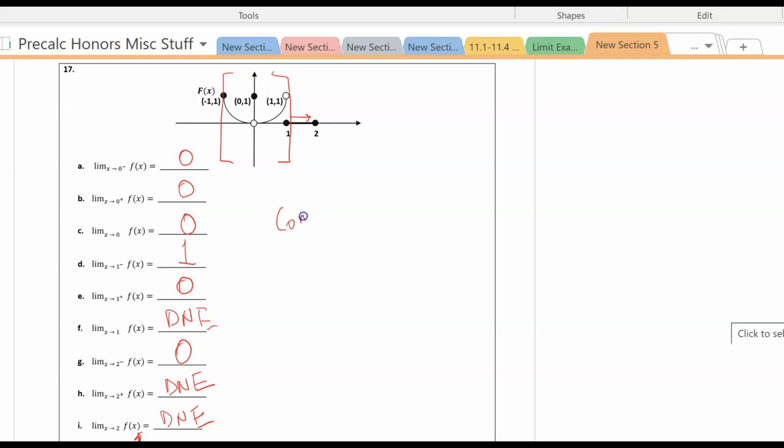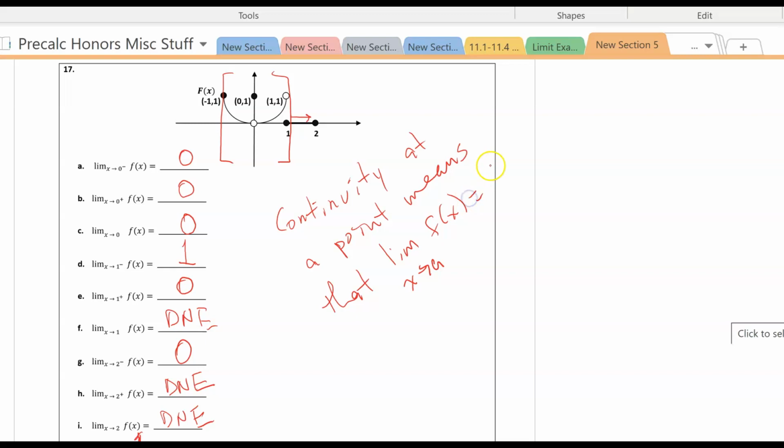continuity at a point means that the limit as x approaches some value of f of x is the same as the function evaluated at that point.